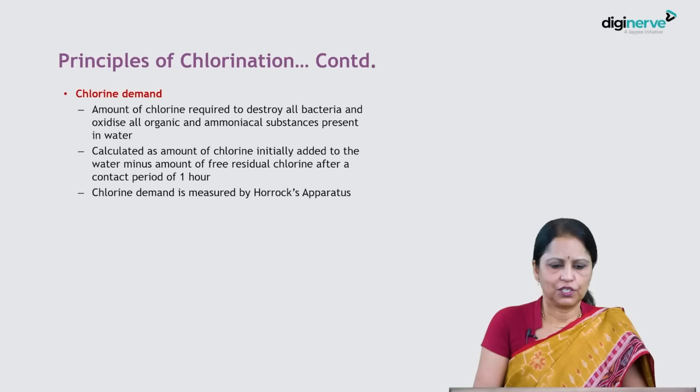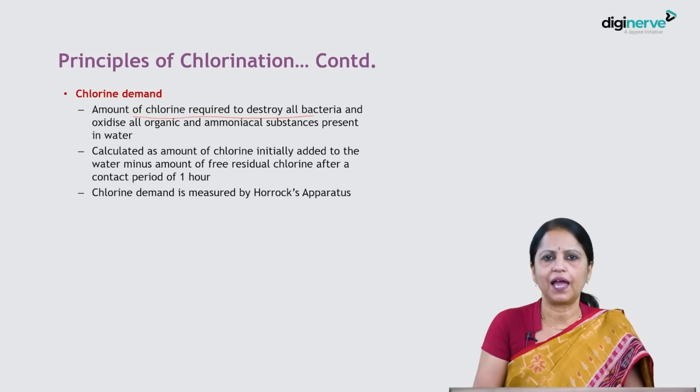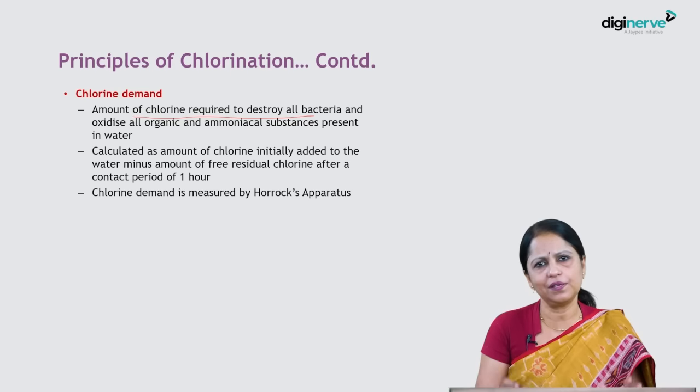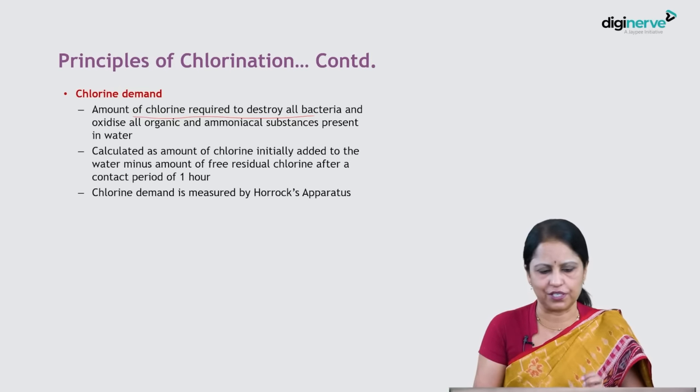The third term is chlorine demand. Chlorine demand is the amount of chlorine required to oxidize all matter in it, that is organic and inorganic matter, and destroy all the bacteria, all the impurities, everything. Whatever chlorine amount is required, that is the chlorine demand.